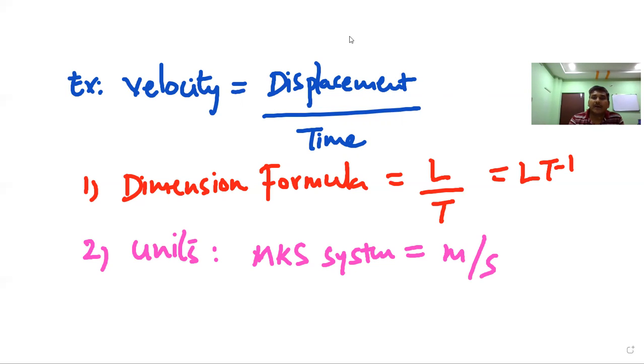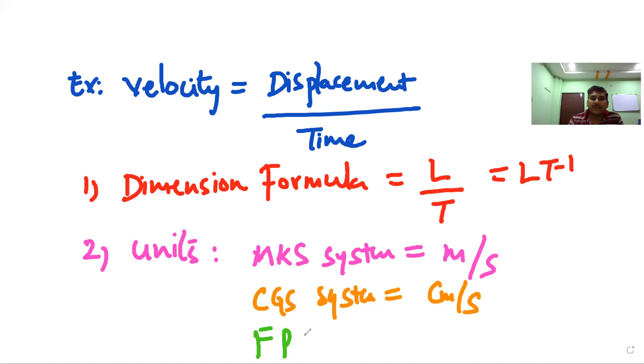Similarly, in the CGS system, length is centimeter, time is seconds. In the FPS system, feet is length, time is second. That means, given a physical quantity, velocity, we can write its definition.